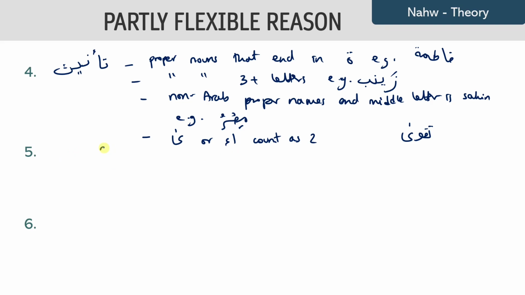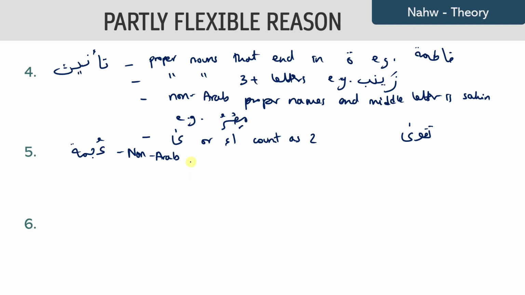And then number 5, you have rujma. Rujma is non-Arab, basically, a word that is foreign to the Arabic language and has been brought into the language. So that would be things like Pepsi, practically, because it's not an Arab word. They just brought it into the language.